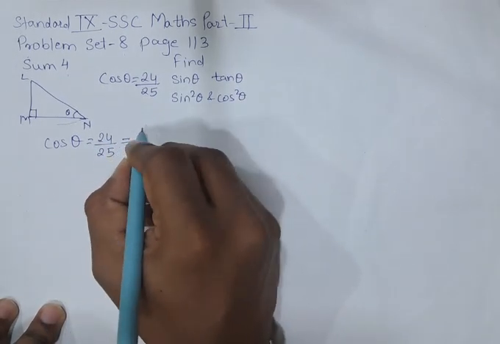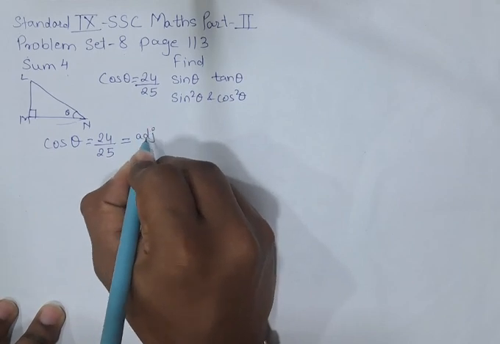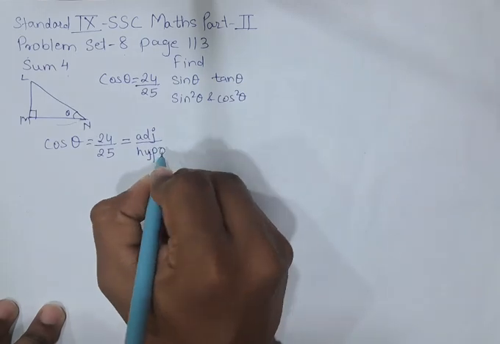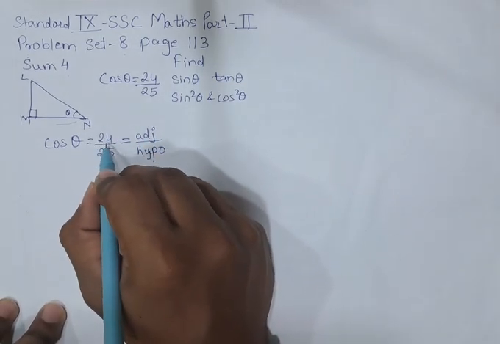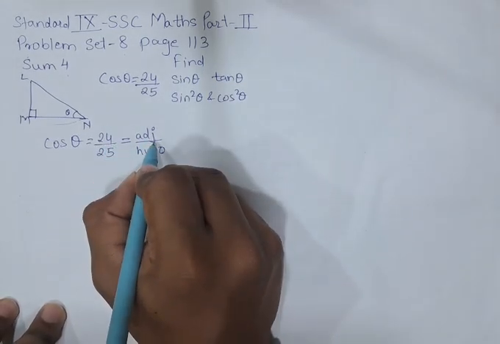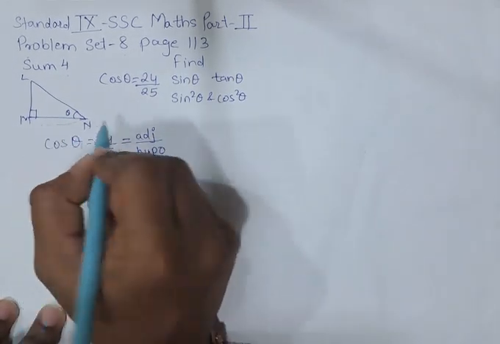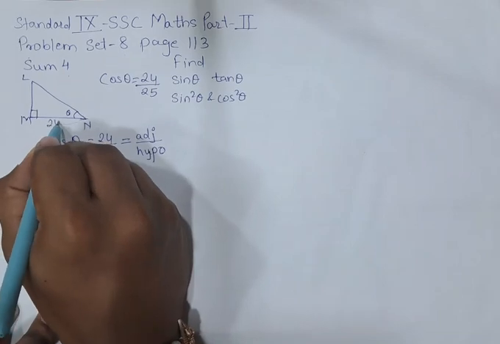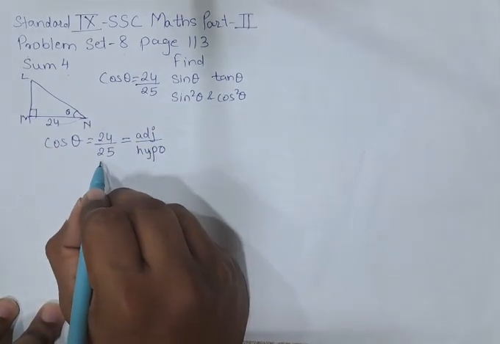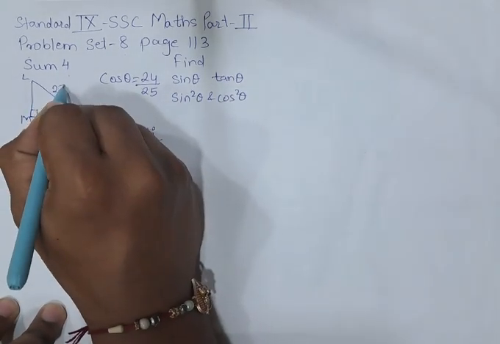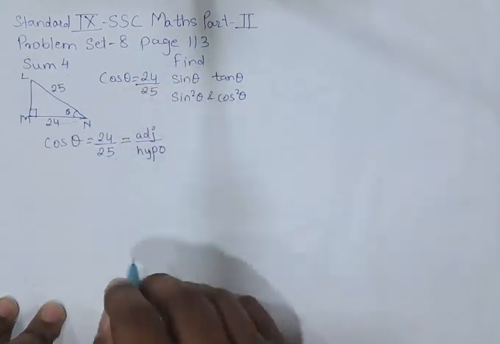By definition, cos theta is adjacent upon hypotenuse. The 24 in the numerator is the adjacent side, which with respect to theta is MN, so we write it as 24. The 25 in the denominator is the hypotenuse, so we write 25 on the hypotenuse.